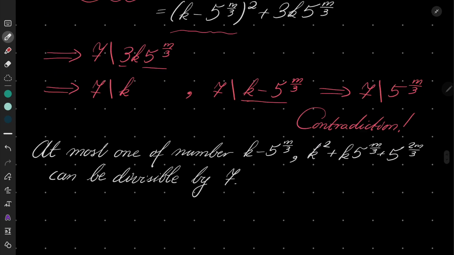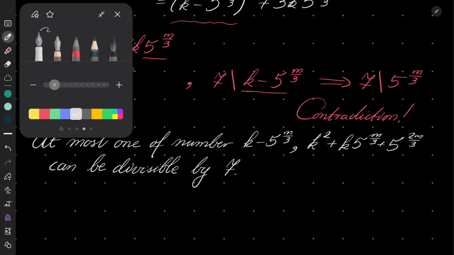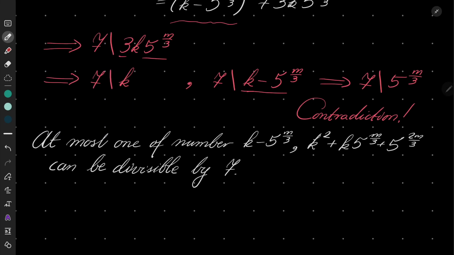Okay, that's something. And now remember that the product of these two numbers should be 7 to some power.